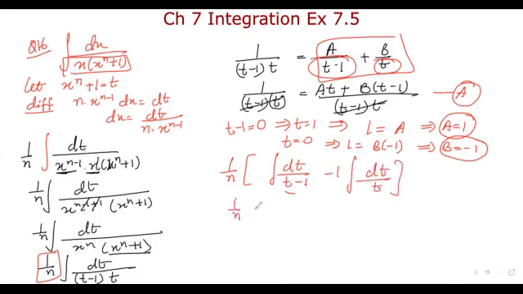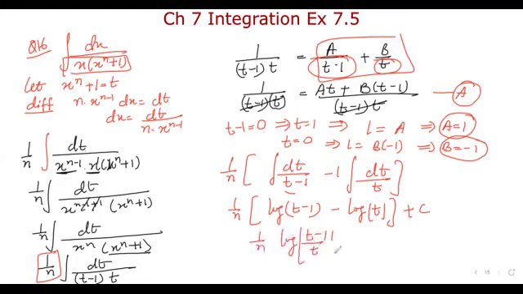So it is 1 by n log of t minus 1 minus log of t plus c. 1 by n log a minus log b is log a upon b, plus c. Replace t with x power n plus 1. So the answer will be log of, if I replace t with x power n plus 1, it will be x power n upon x power n plus 1, plus c. That is our answer.